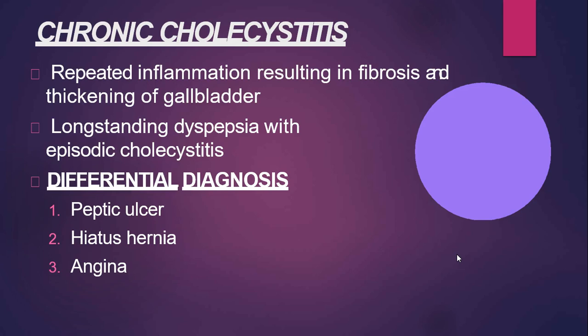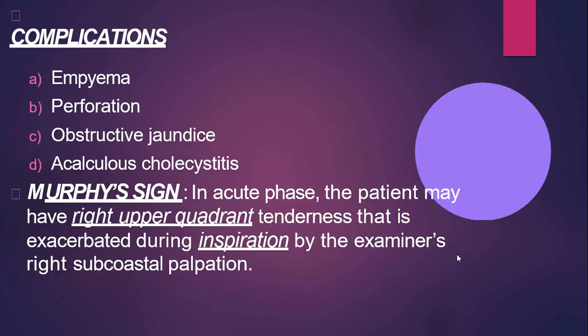Now the differential diagnosis for chronic cholecystitis: peptic ulcer, hiatus hernia, and again angina. Now what are the complications further on? As I told, formation of the empyema. Empyema is the pyocele. Now before pyocele there is a mucocele.